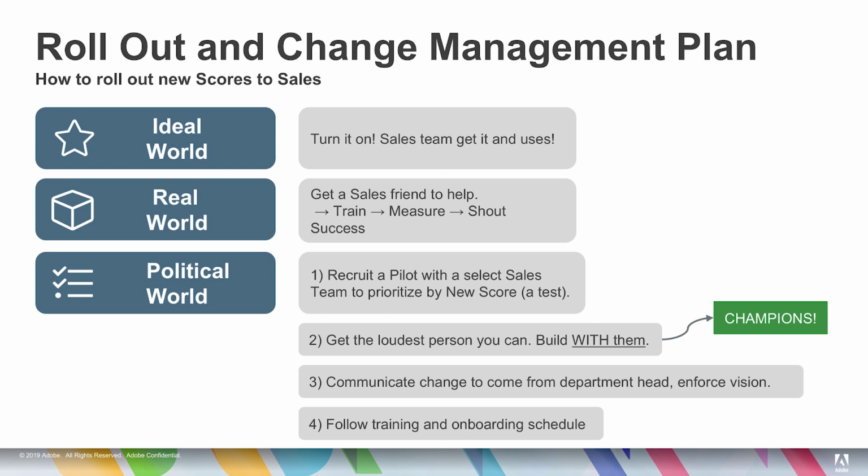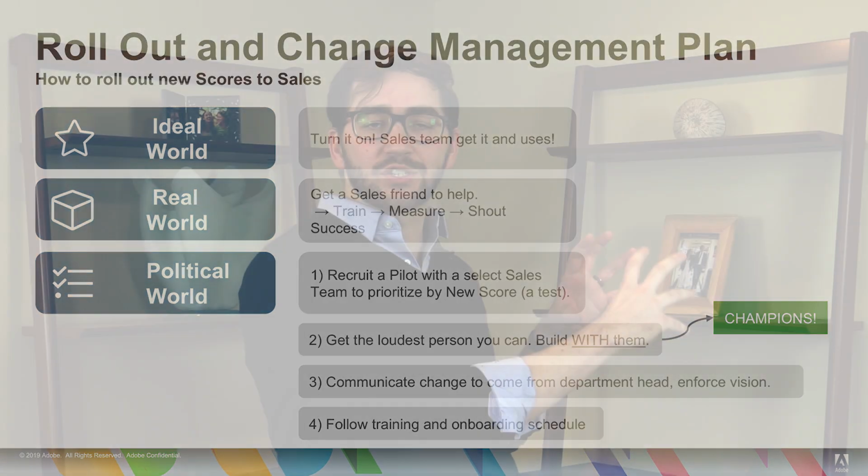We convince them. We run and design the scores with actual back and forth, conversation and analysis with sales. And what we do is create champions out of that pilot group. You say, for example, this pilot group is running off of our marketing intelligence scores, and compare that to this other one, which is using old school behavior score. We as the marketing operations team design that test and the infrastructure of that, and we can measure what, for example, the meeting set rate would be with the new scoring model versus the old finger-in-the-wind directional scoring.